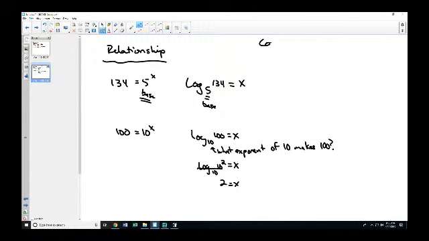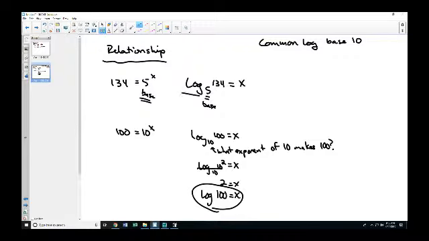Common log, what we call a common logarithm, is base 10. So is this a common log? Yes. This is a common log, right? We would not write the base on it. This is typically how that problem will be written. So that would imply base 10. Anything else is going to be written with the base.